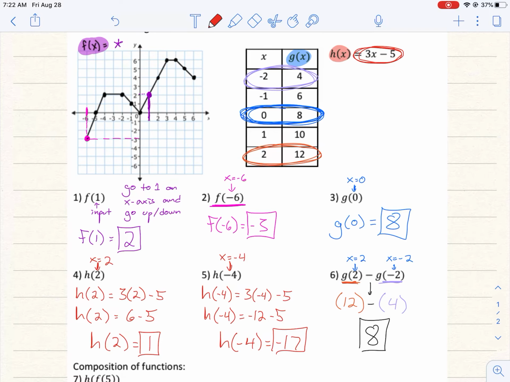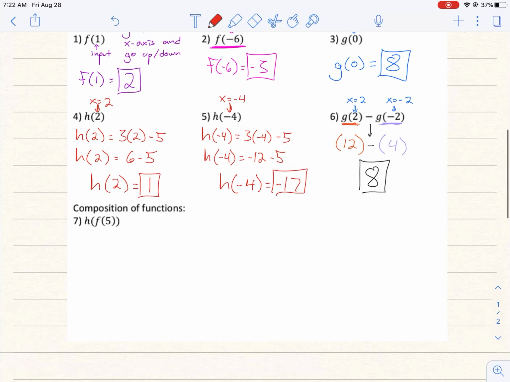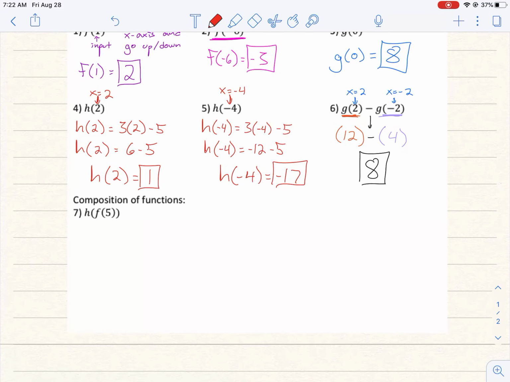Now the last piece to cover is composition of functions, and we'll get more in depth into this, but the general understanding of composition is that you're taking one function value and plugging it into a different function. This is why we use different letters, because now I can know what my different functions are that I'm looking at, right?